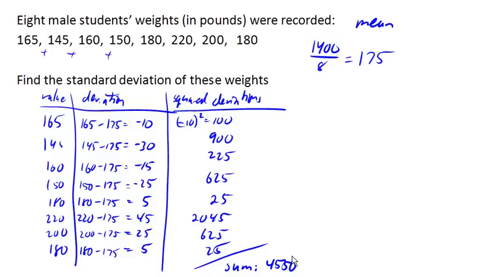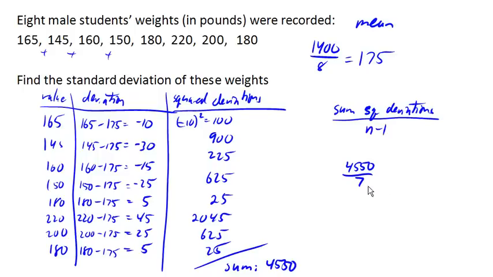N if it's from the population, or n minus 1 if it's from a sample. Because this is from a sample, we're going to divide by n minus 1. So we're going to take our 4550 and divide it by 7, which is 1 less than our number of data values, which was 8.